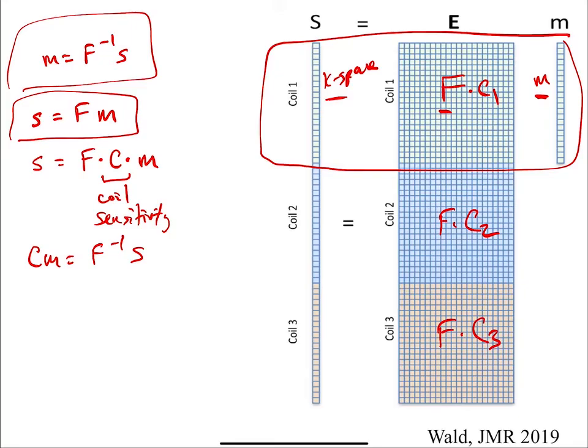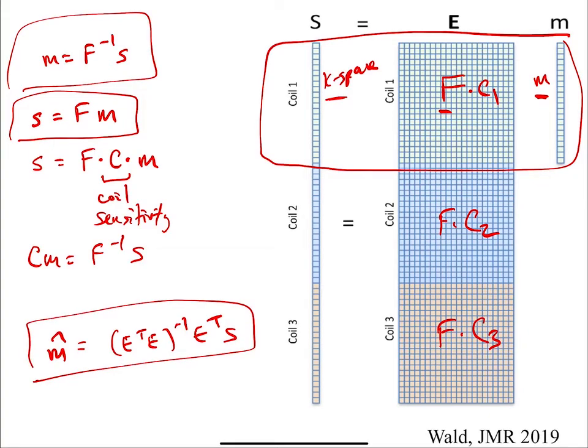Now we've got this long skinny matrix, and for those of you who've had some linear algebra, you know that this is an overdetermined problem. If we know E, we can say that our estimate of M is just going to be E transpose E inverse E transpose S. That's what's called generalized imaging.